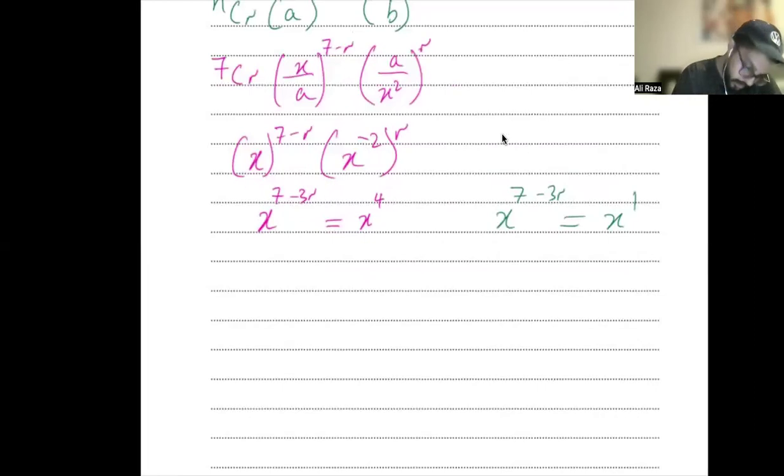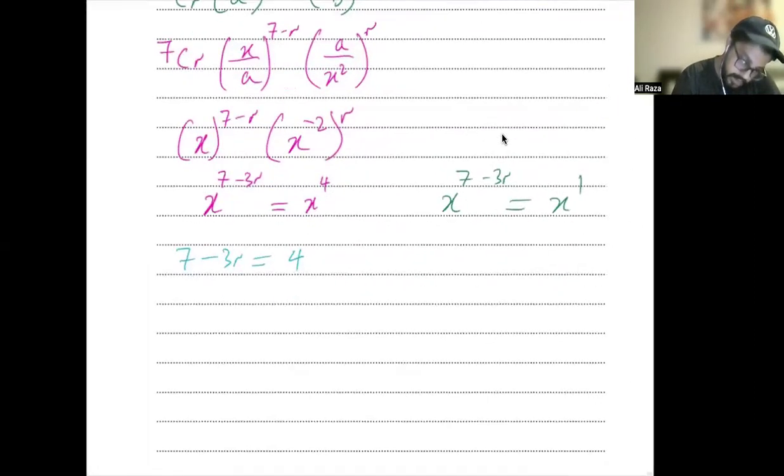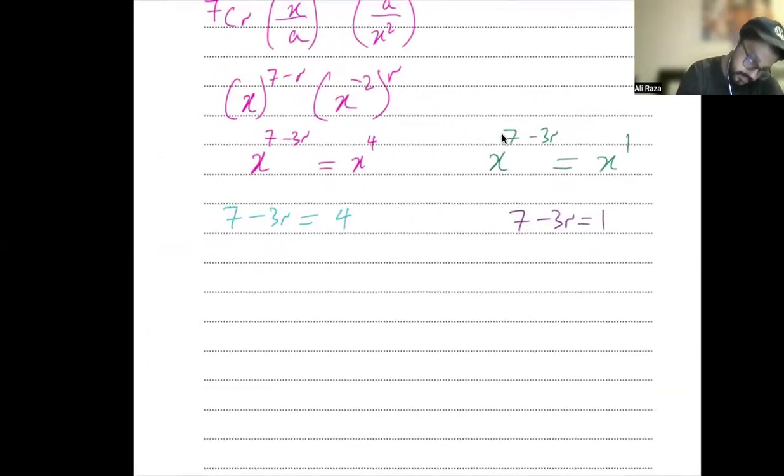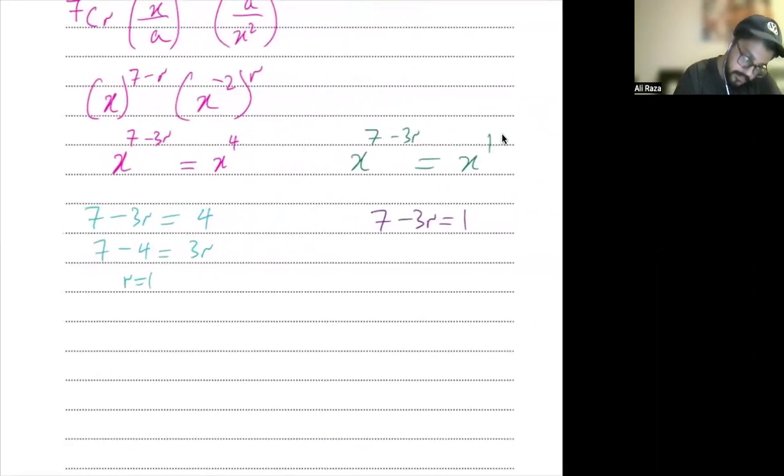Now when we equate the powers with each other, 7 minus 3r is equal to 4 and 7 minus 3r is equal to 1. R comes out to be 1 in this case, and r comes out to be 2 in this case.